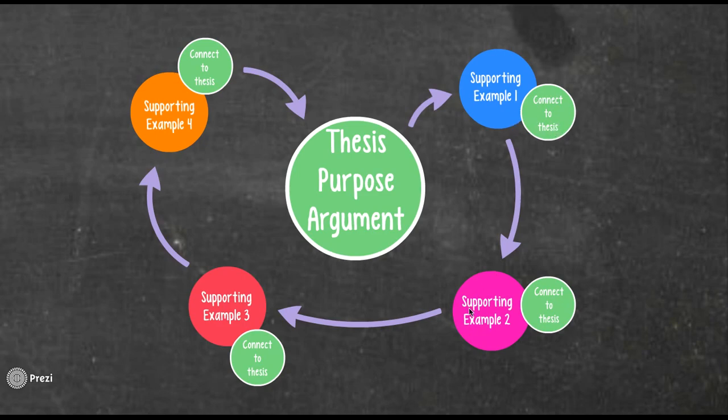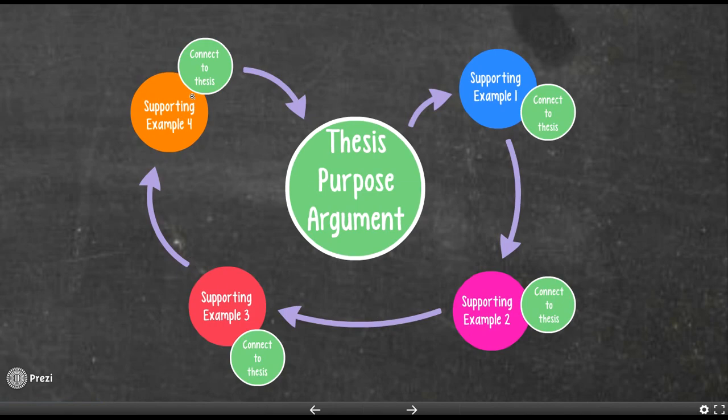And then you have the third body paragraph supporting example 2, and the fourth body paragraph connecting to the thesis. That way you don't have paragraphs that are too long. However, if connecting it to the thesis only takes 1 sentence, then of course these should each be 1 paragraph each.